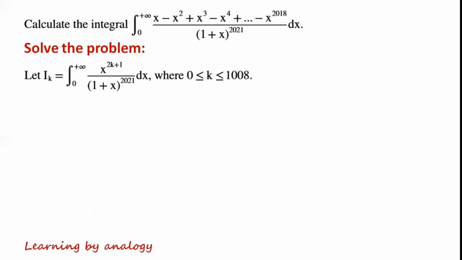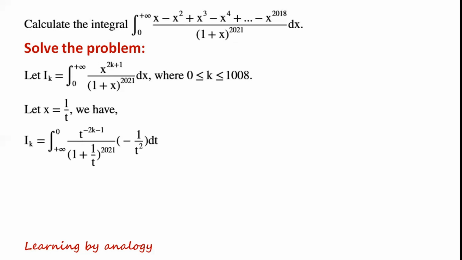Let IK equal the integral over the interval from 0 to positive infinity of x to the power of 2k plus 1 over 1 plus x to the power of 2021 with respect to x, where 0 is less than or equal to k is less than or equal to 1008.